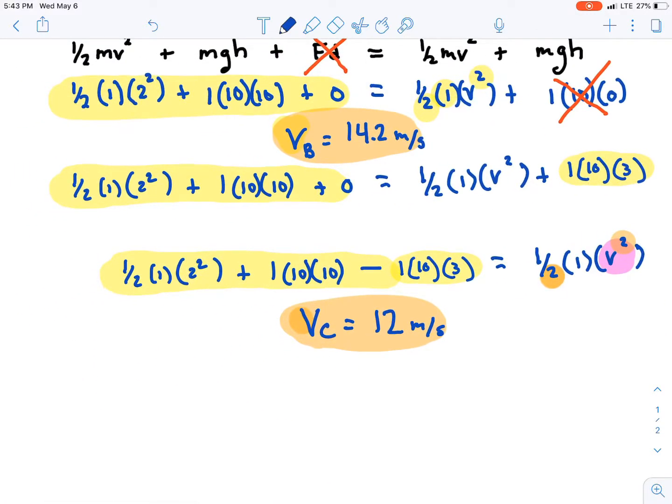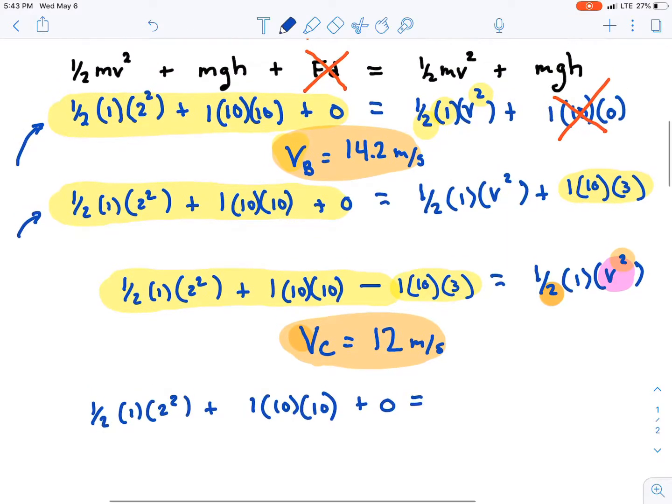So we're going to do the same exact thing we did here and here. So it's 1/2 times 1 times 2 squared plus 1 times 10 times 10 plus 0 equals, now we're at 1/2 mv squared.